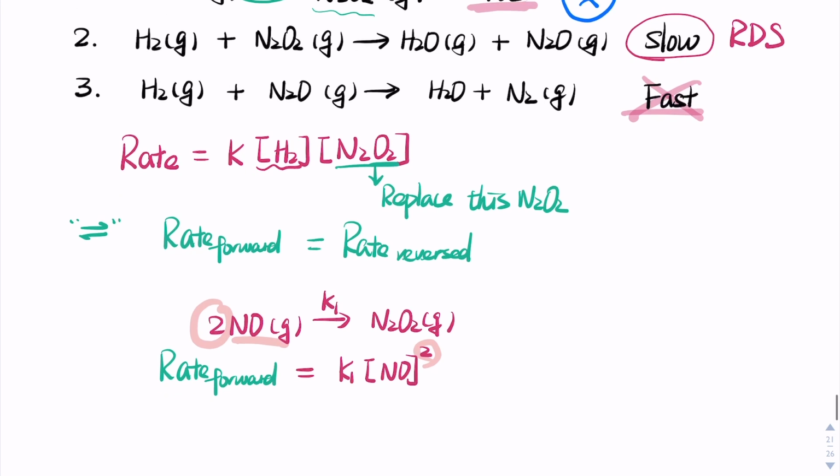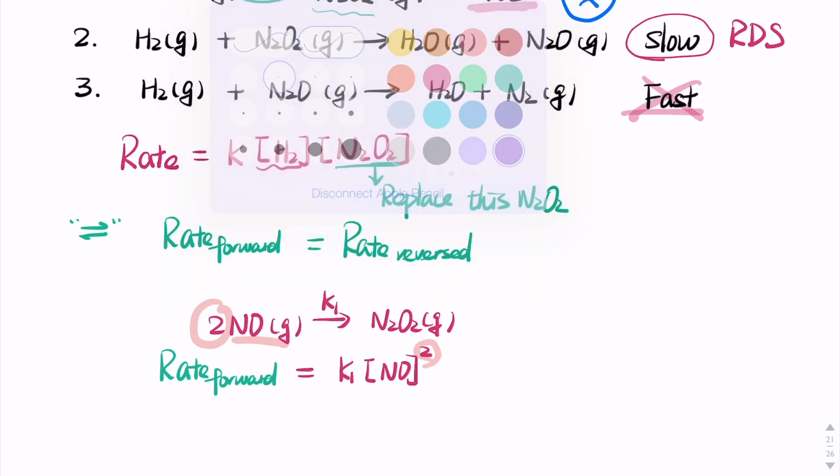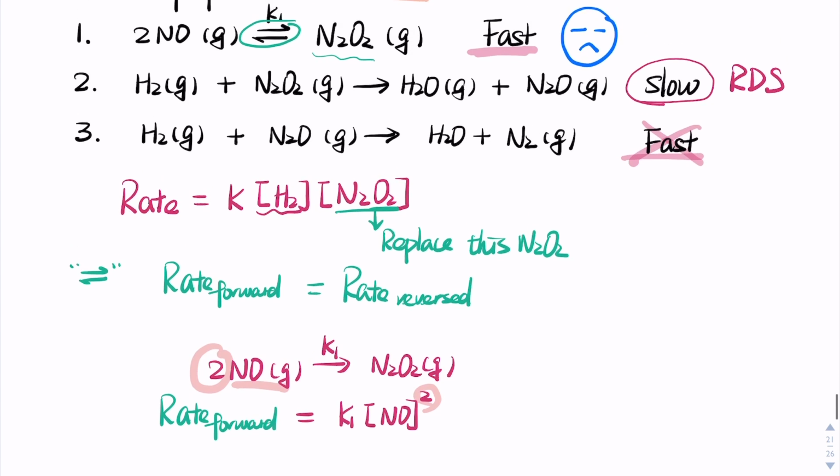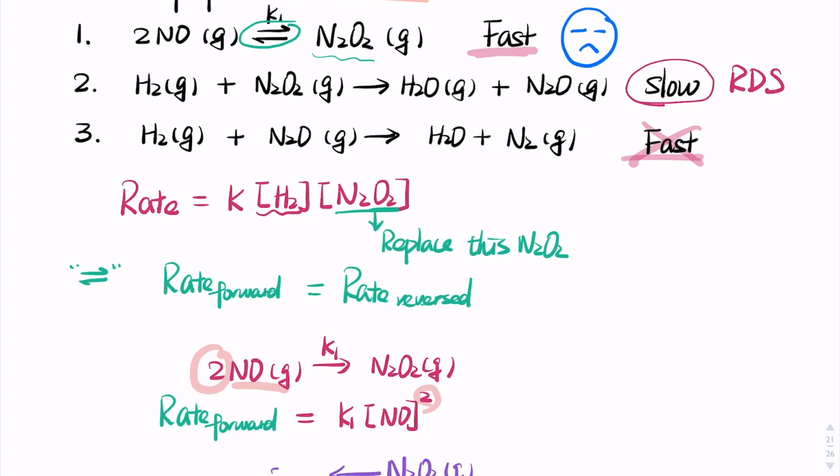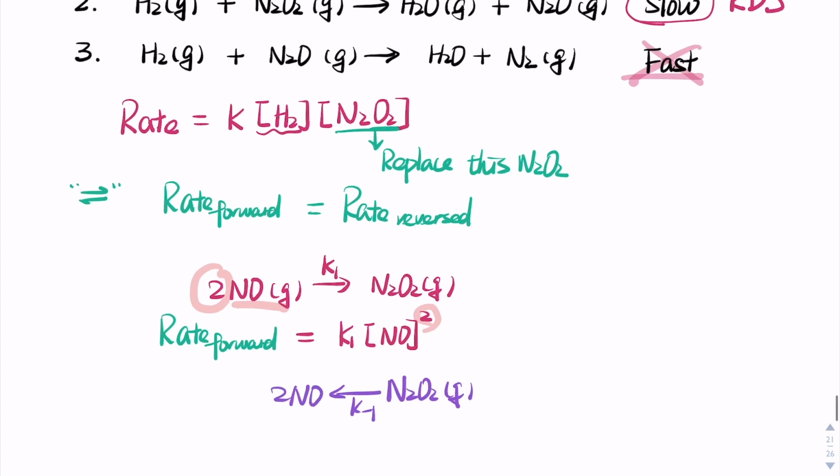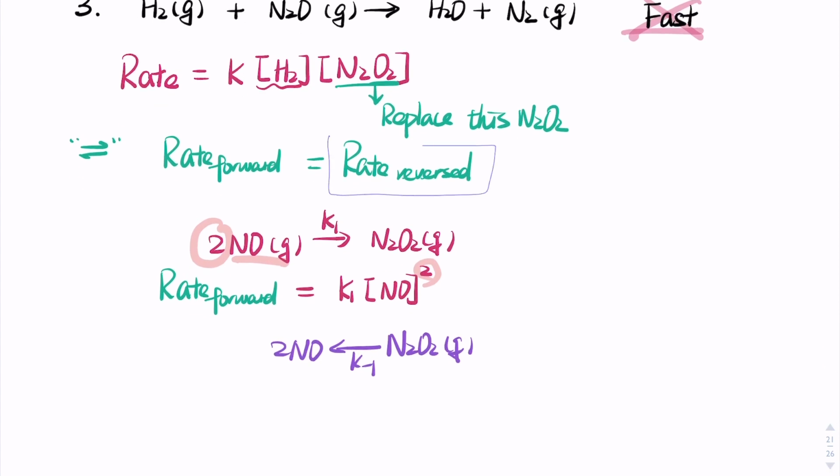Now let's see what the reverse is. In the reverse direction, you have N2O2, and reverse means it goes backwards, so I'll give it K minus 1, and then you have 2 NO. To write this down, I'm going to borrow this one more time.